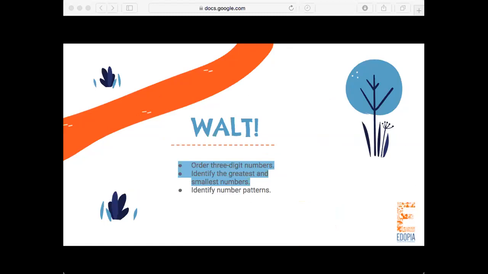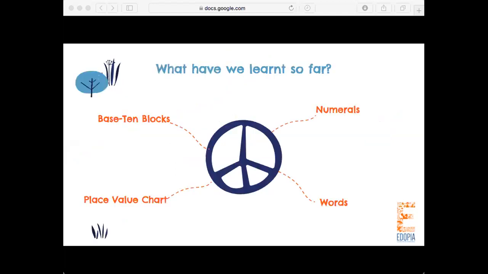In today's lesson, we are going to learn to identify the greatest and the smallest numbers from a group or set of numbers. We are also going to order them in a particular manner. In the first two lessons of the chapter, we have continued with learning to represent numbers in different ways. We have read and written numbers using base 10 blocks.